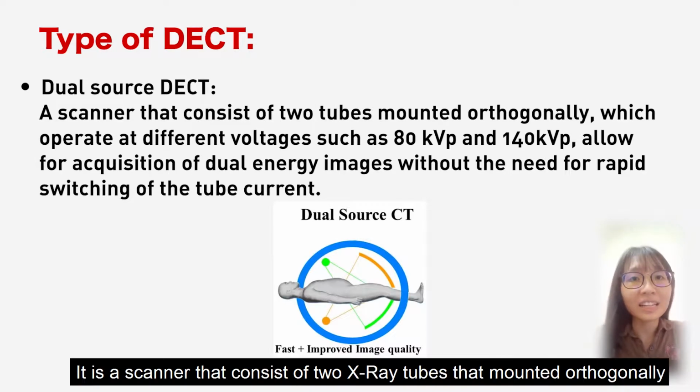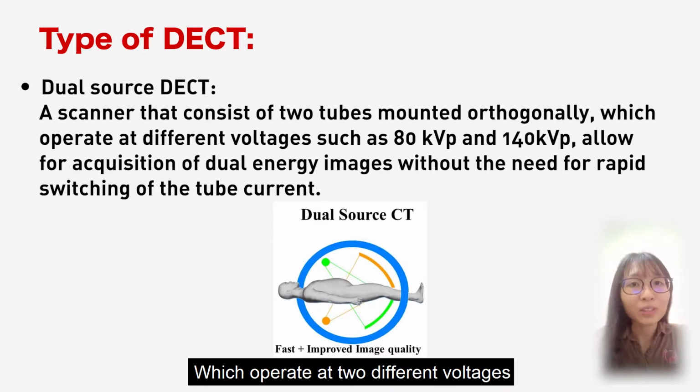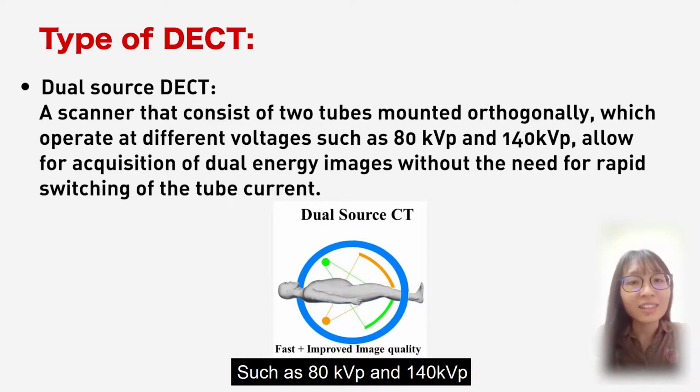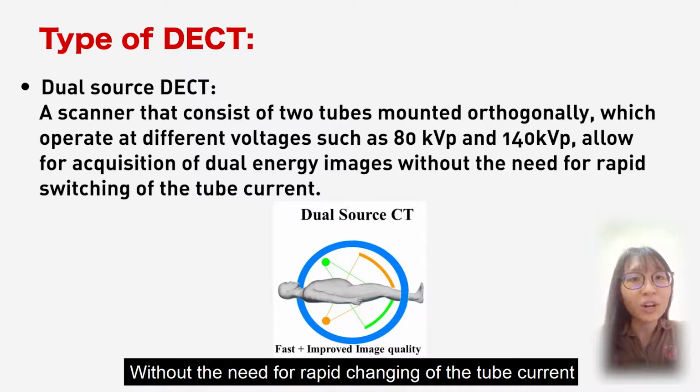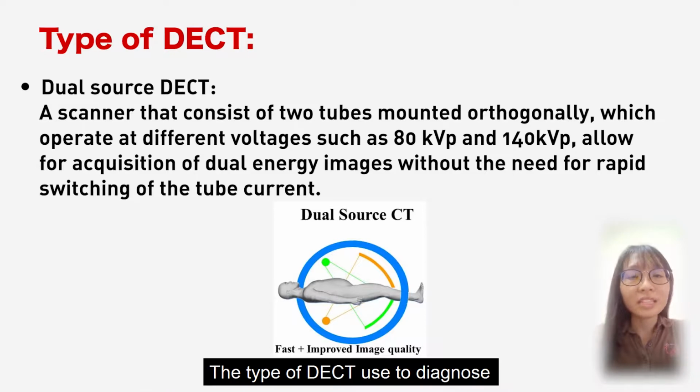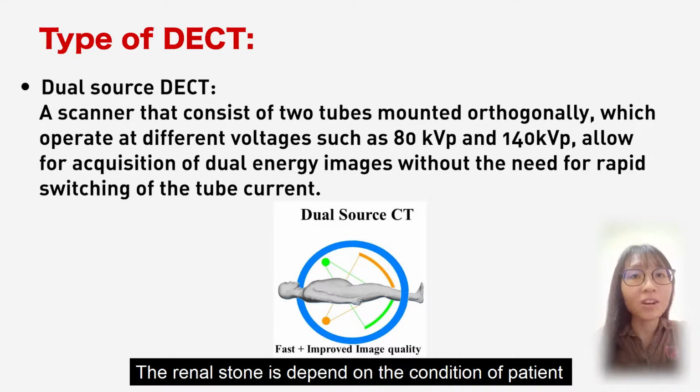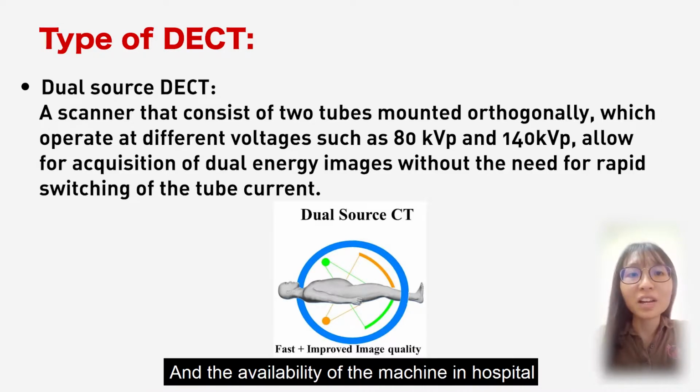It is a scanner that consists of two X-ray tubes that are mounted orthogonally, which operate at two different voltages such as 80 kVp and 140 kVp, that allow for acquisition of dual energy images without the need for rapid changing of the tube currents. The type of the CT used to diagnose the renal stone depends on the conditions of patients and the availability of the machine in the hospital.